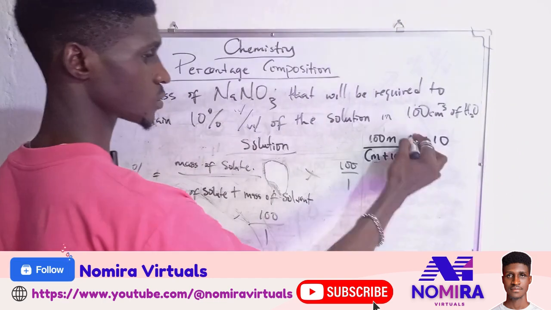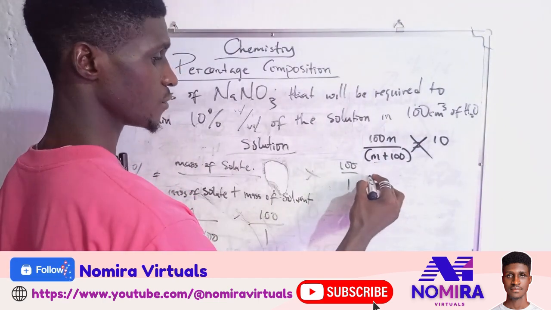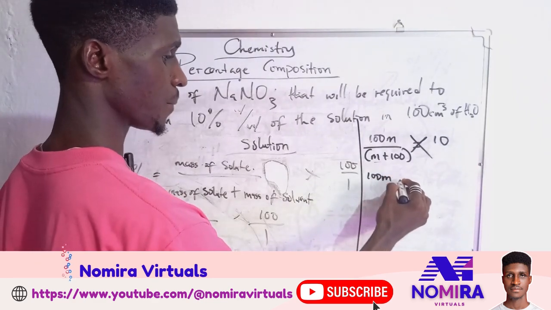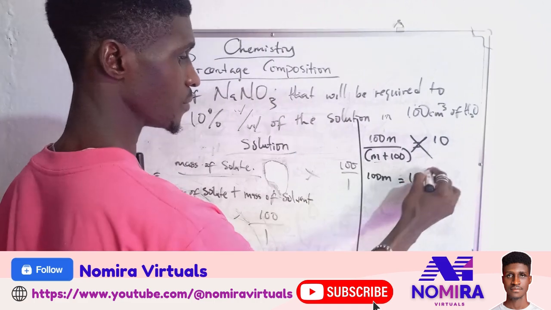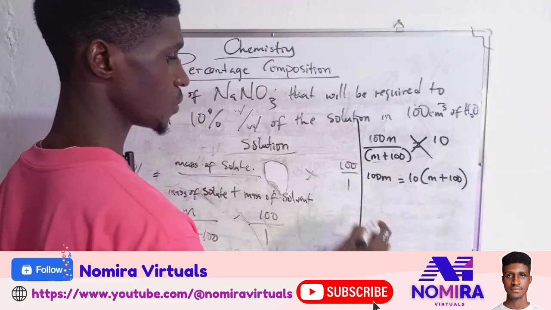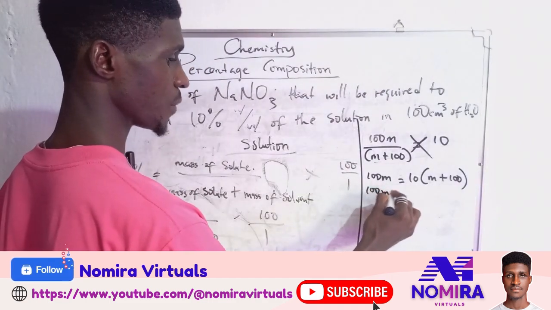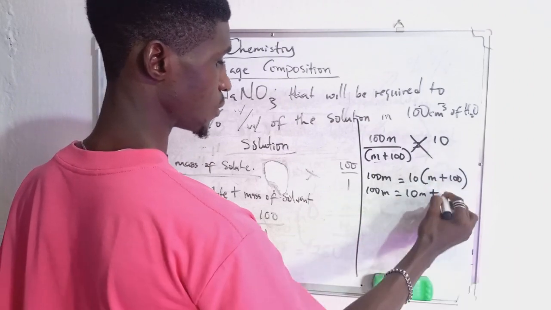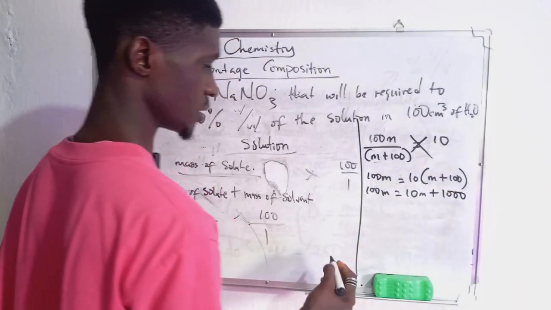So we cross multiply. We have 100 m equal to 10 bracket m plus 100. So we have 100 m equal to 10 m plus 10 times 100, which gives you 1000.